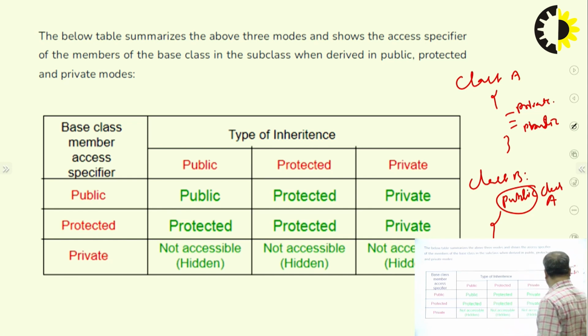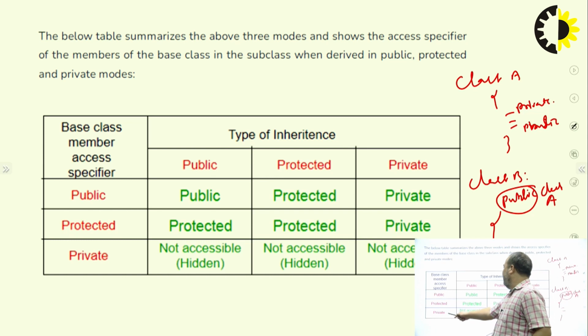If here we write protected, the meaning of this table is that the protected members of the base class become protected, the public members also become protected, and private members remain private. In all cases, private data of a base class cannot be directly accessed.